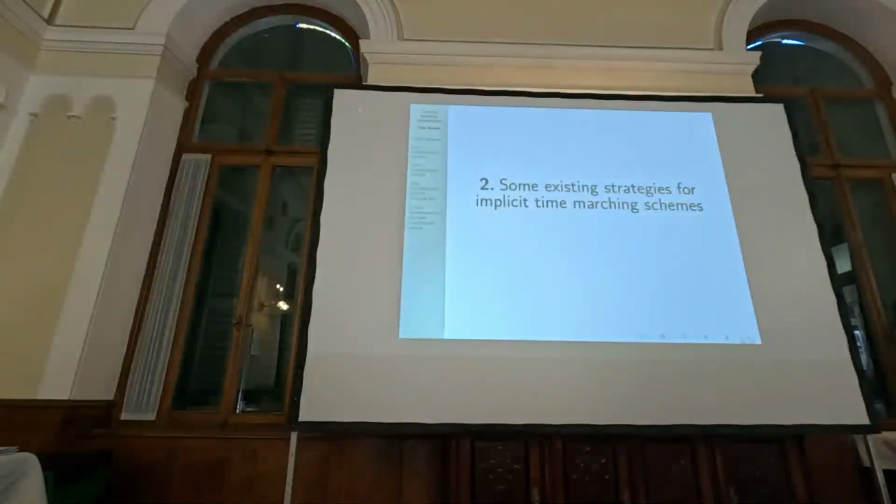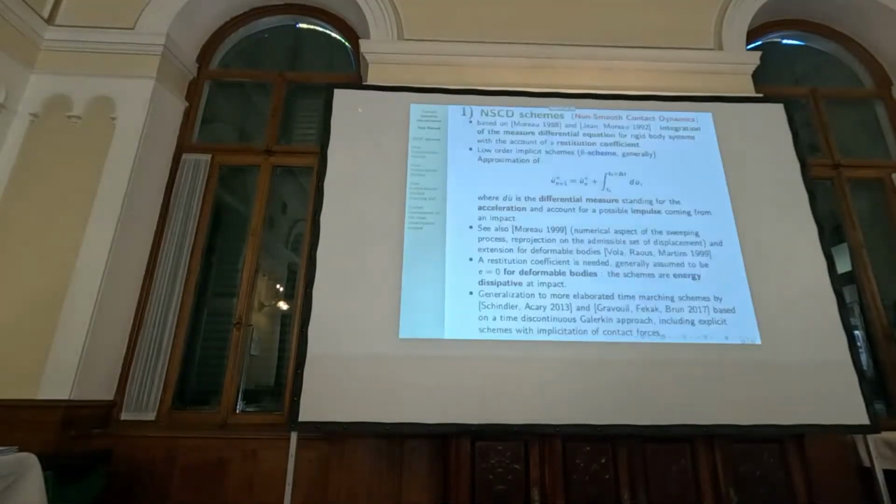So, some existing strategies for implicit time marching schemes. Maybe one of the first important works in that context is the one of Moreau and the NSCD schemes. At the origin, this was a theta method applied to the problem, and they take account of the restitution coefficient inside the scheme, in a certain implicit way.